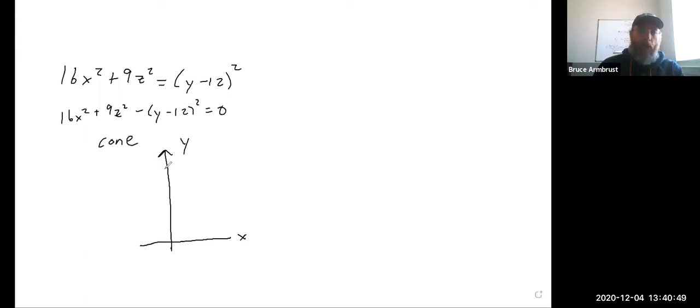There's a tip up here at y equals 12 where the point of this cone is. If you plug in 12, 12 minus 12 is 0, so you get 16x squared plus 9z squared equals 0. So you need an ellipse of radius 0, basically. Then if we come down here where y is equal to 0, you're going to get 16x squared plus 9z squared minus 144 equals 0. And I just wrote xy, I meant xz.